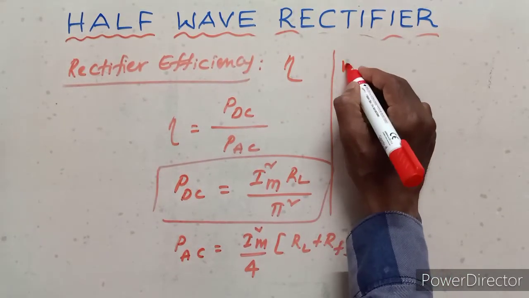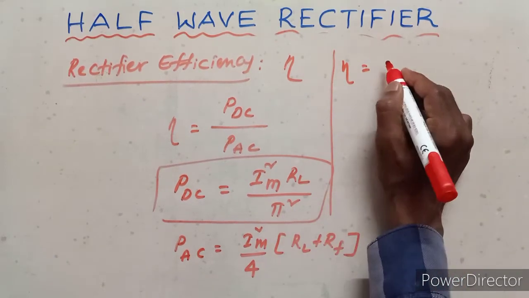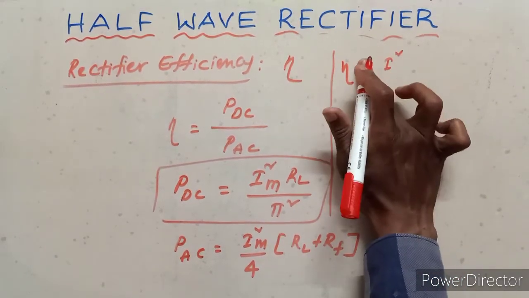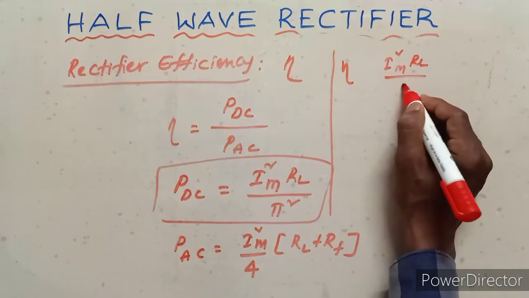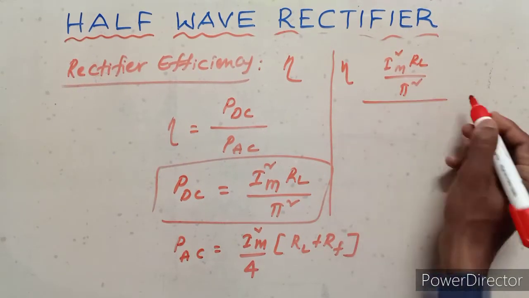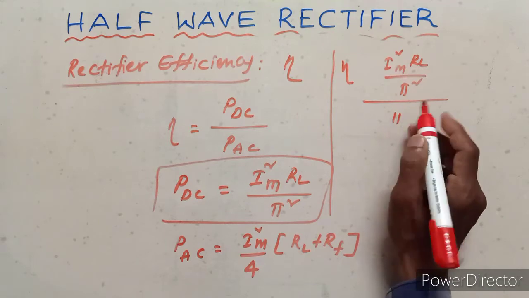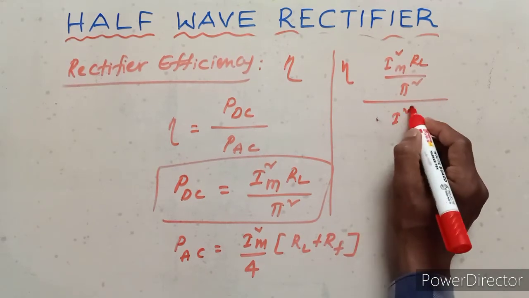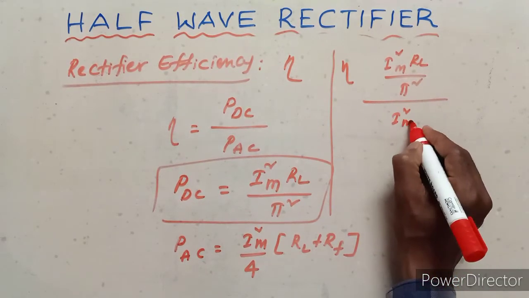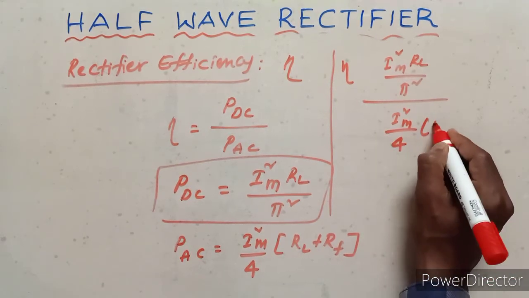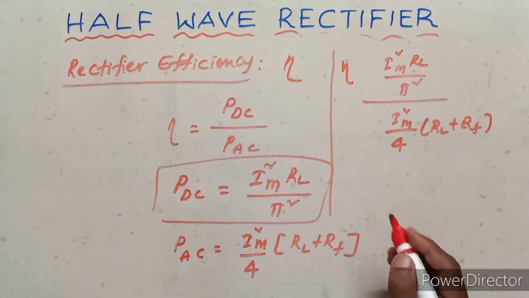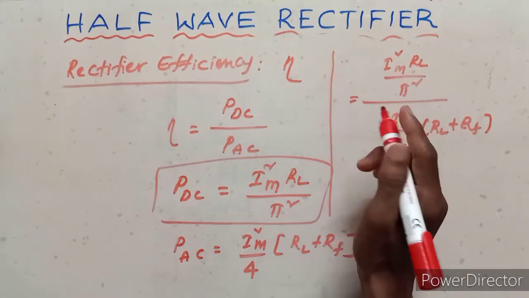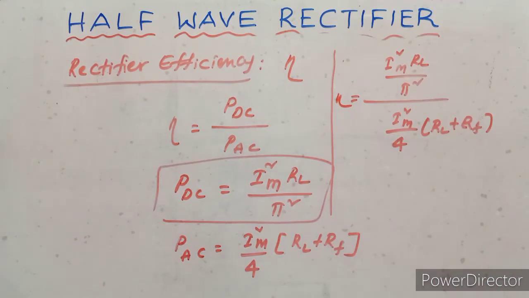Then eta equals pi square M RL upon pi square upon I square M upon 4 into RL plus RF. So this is the eta, the efficiency.